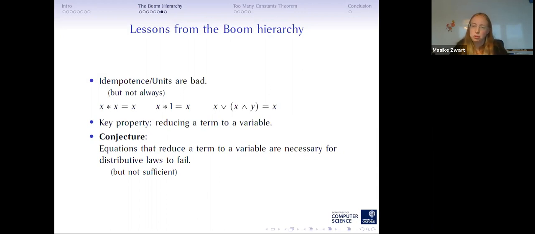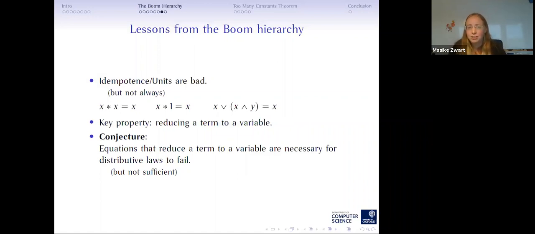And I know this is a bold statement, especially considering how new this whole area of disproving distributive laws is. So I'd be very happy to be proven wrong as long as that inspires someone to look at this. I think it's a very exciting field that we will see a lot more of in the next few years.